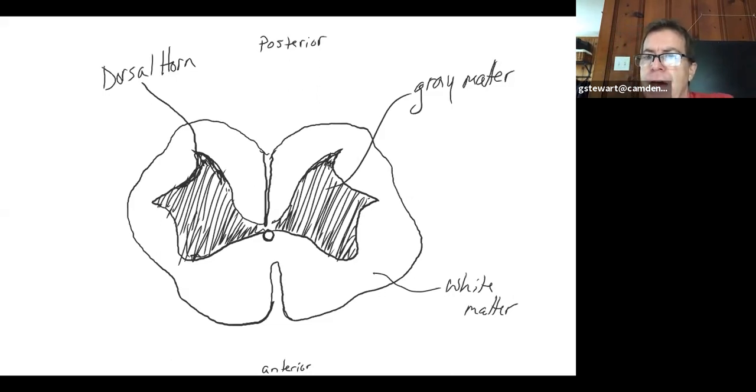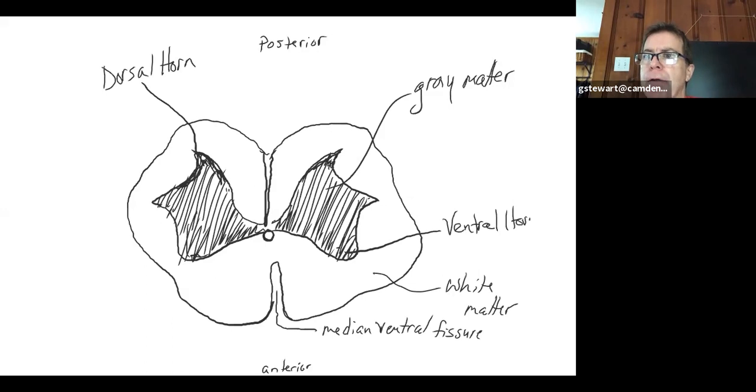This invagination here is called the median ventral fissure. Remember, fissure is just a deep groove. We also have ventral horns on either side, of gray matter, that is.